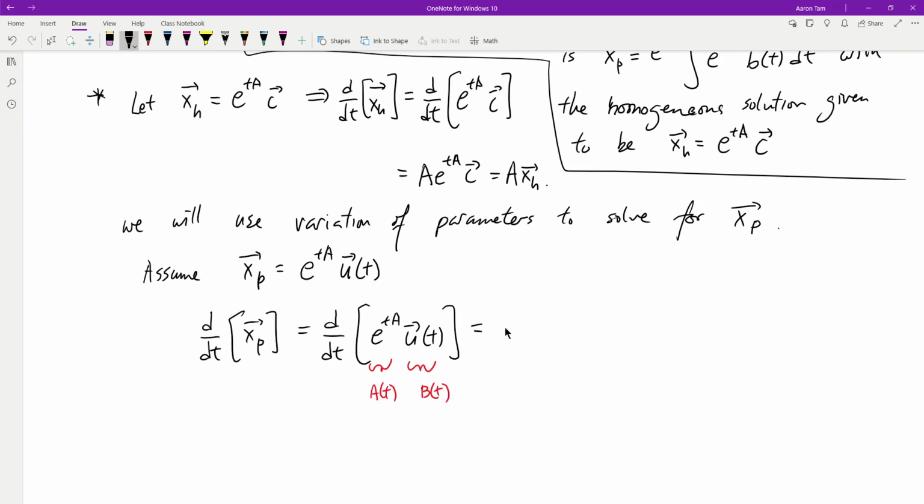The derivative will be A e to the tA multiplied by vector u of t, plus e to the tA multiplied by the derivative of vector u of t, which I'm going to call vector u prime of t.